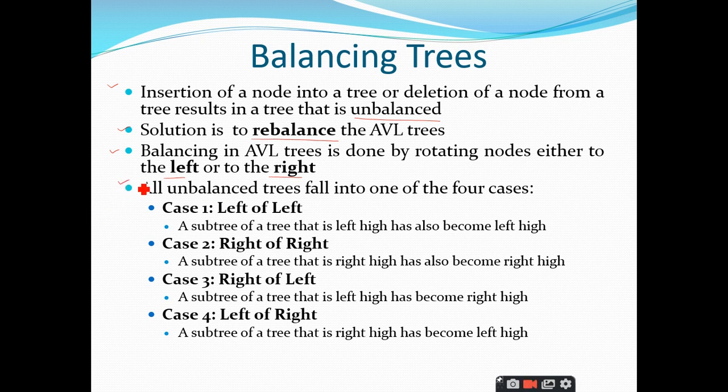And all the unbalanced trees fall into these four cases only. The first one is left of left, which we call LL. Case 2 is right of right, which we call RR. Case 3 is right of left, which we call RL. And the last case, case 4, is left of right, which is called LR.